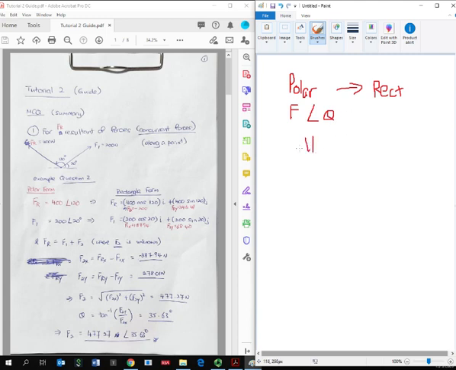Basically, in rectangular format, I have the force. This is FR, let's say, just a force, so as not to confuse you I don't put the R there.